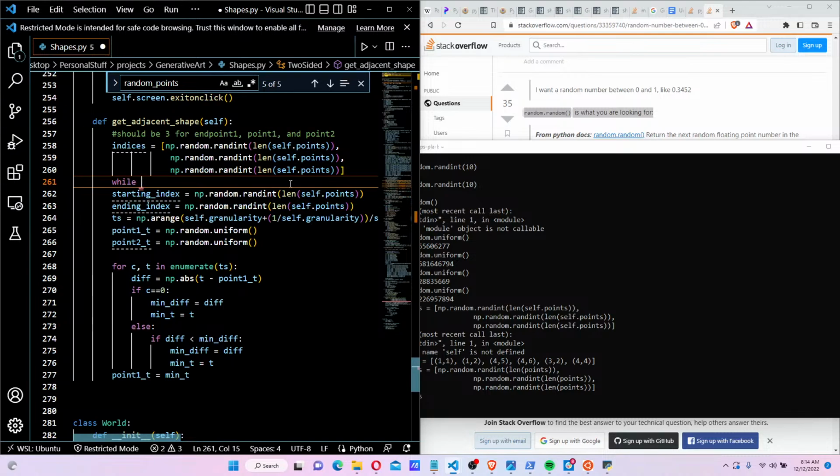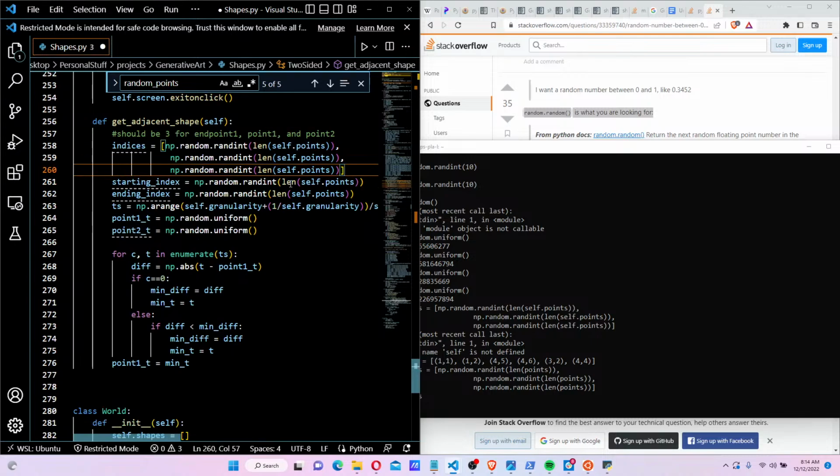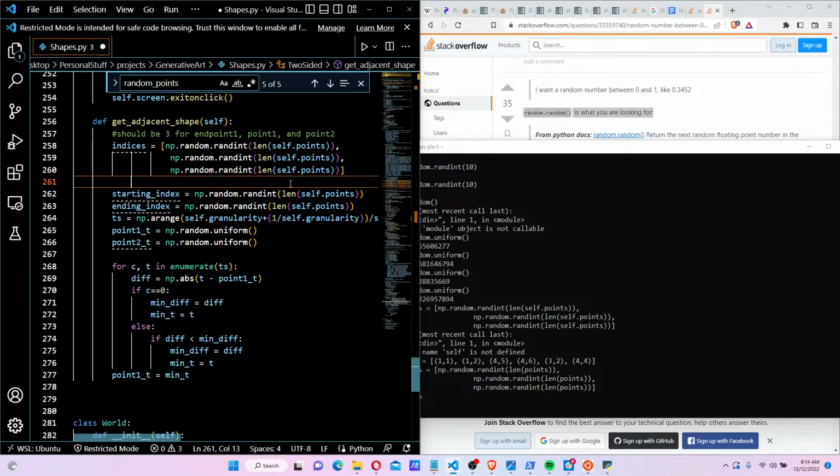While same is equal to... Man, I'm having trouble thinking about this. So I get the indices. Now make sure all of the indices are different.